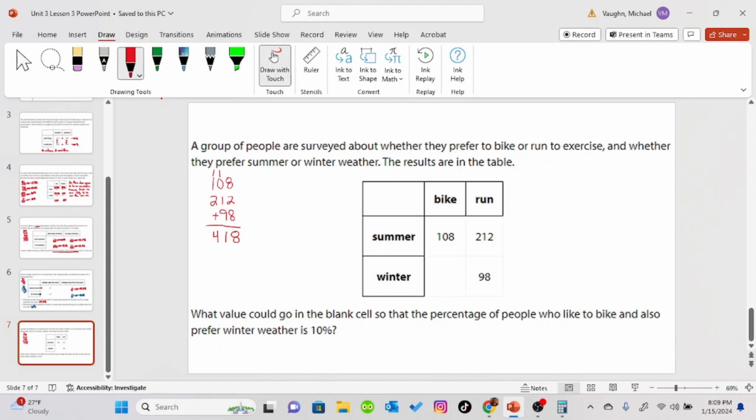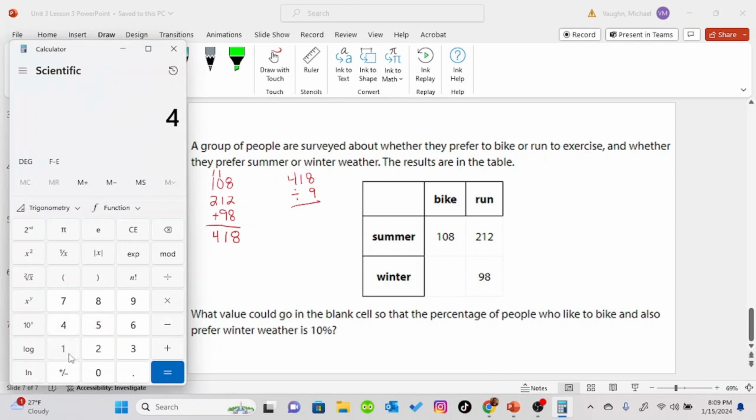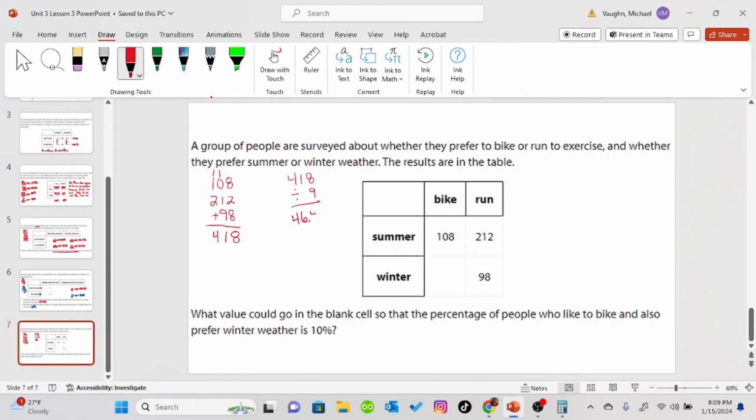So if we want 10%, we can take the 418 and divide that by 9. So 418 divided by 9 is 46.4. But since we're talking about people, we need to round that to the nearest whole number of people, and we could say 46.